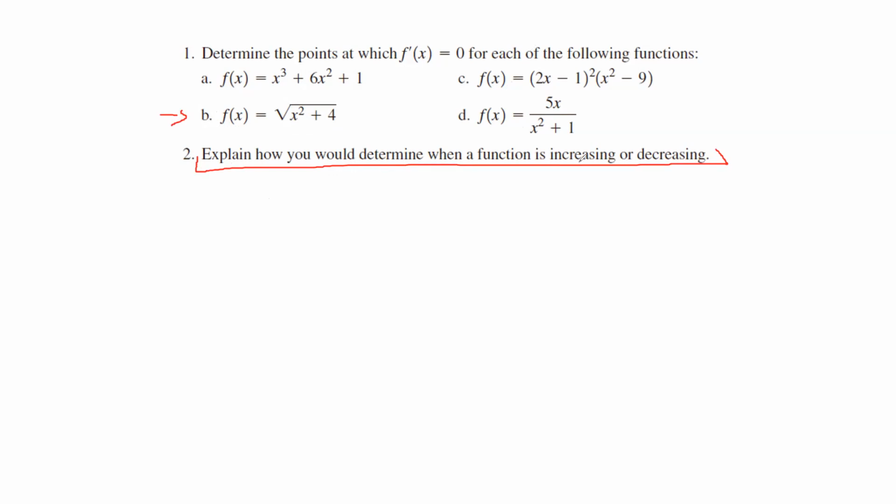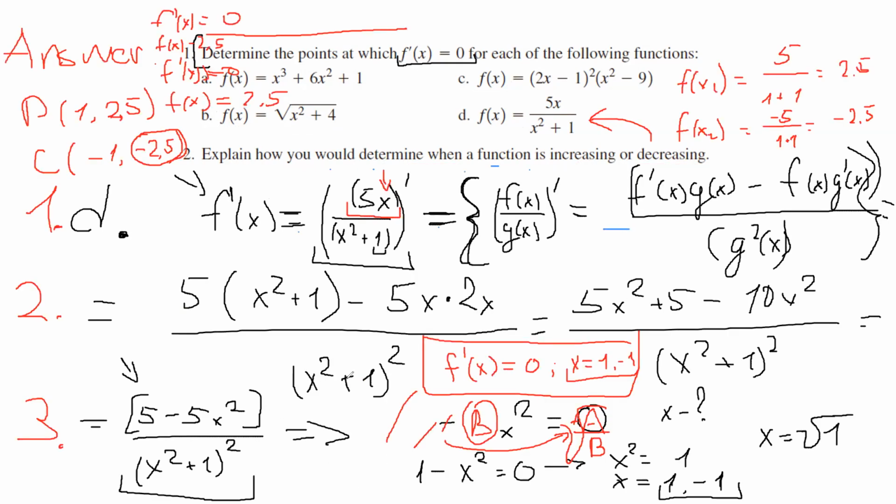Explain how you would determine when a function is increasing or decreasing. So knowing all the coordinates of a point, and knowing that the derivative at this point equals 0, how would you determine when the function is increasing or decreasing? The sign.